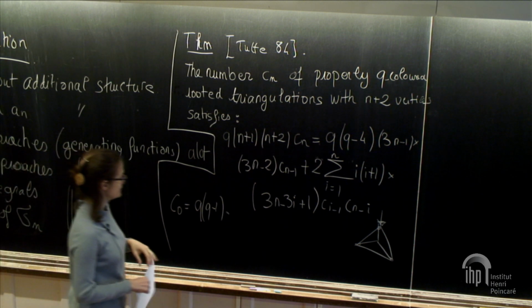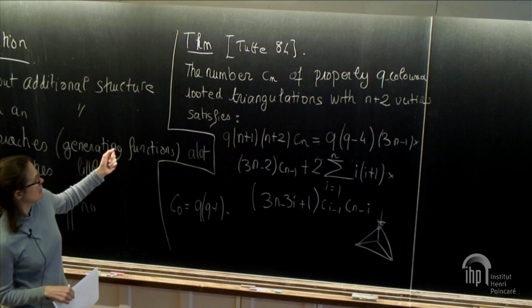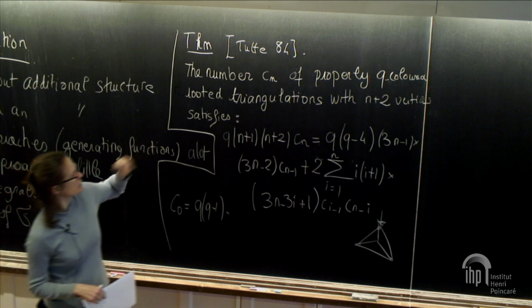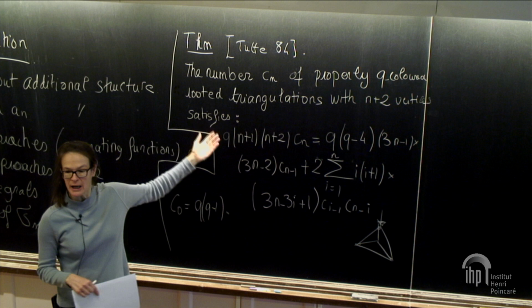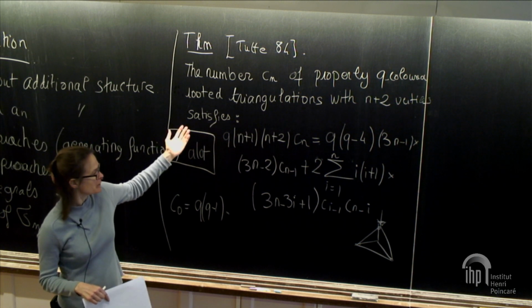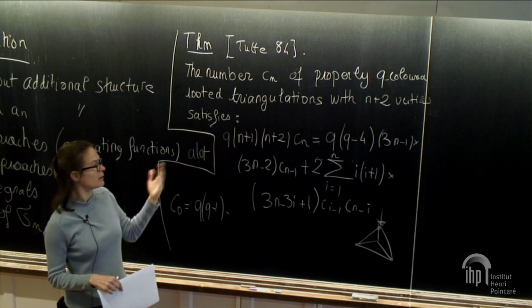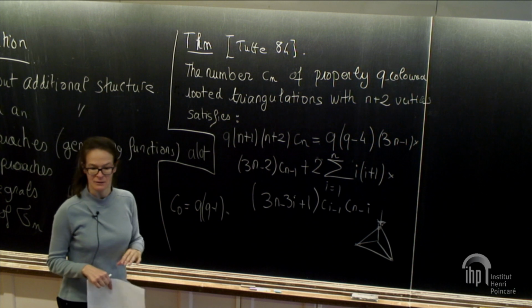Okay? So this was obtained a long time ago. It's a recurrence relation that should have some combinatorial interpretation, but at the moment, nothing of that kind is known, and the only proof is by this recursive method. It's a big thing, the proof.